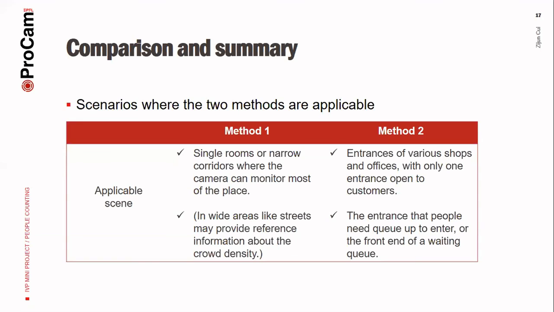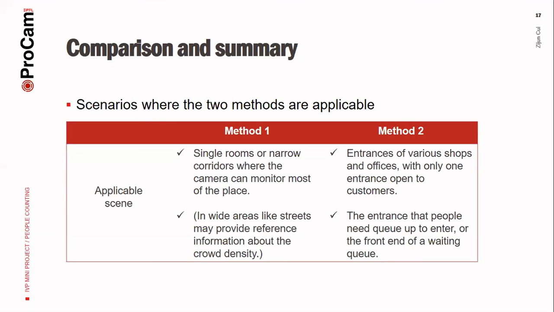And at last, I summarized the scenarios where the two methods are applicable. For the first method, I would recommend applying it to a small place, like single rooms or classrooms, so that the camera can monitor most of the place.